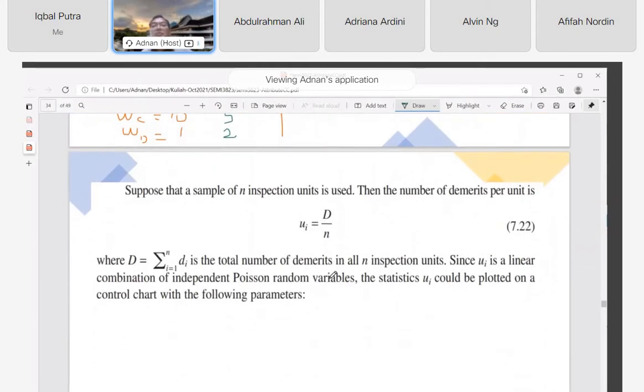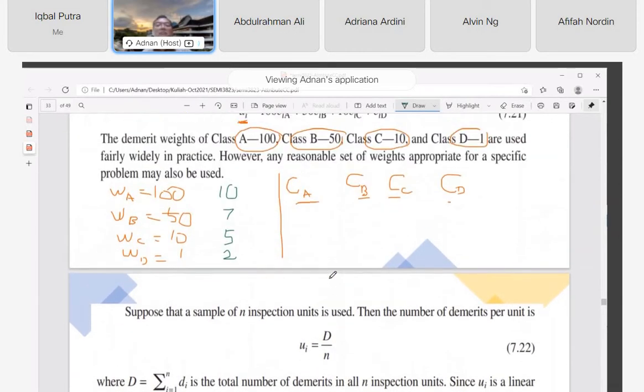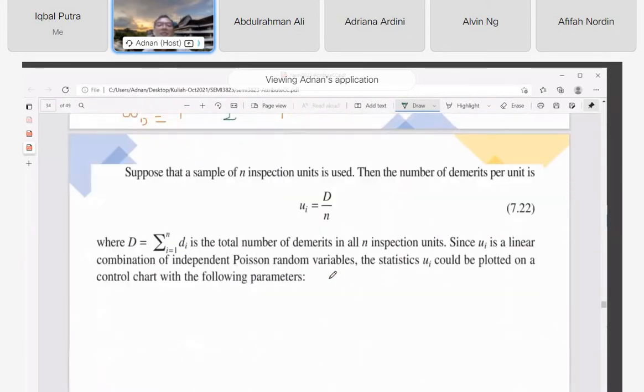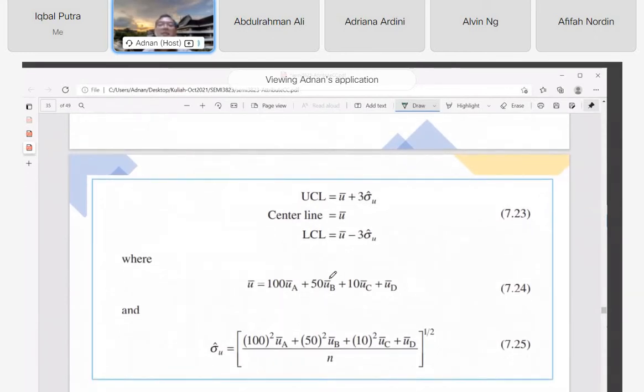All right, so to get the U, in this Limerick chart, our chart will look like this. This is the chart for the Limerick chart. In the Limerick chart, we still use U as the central line.